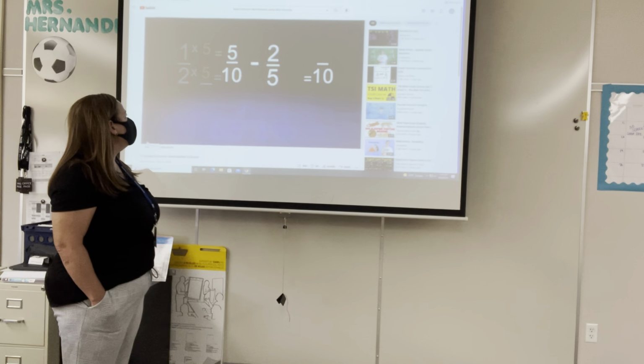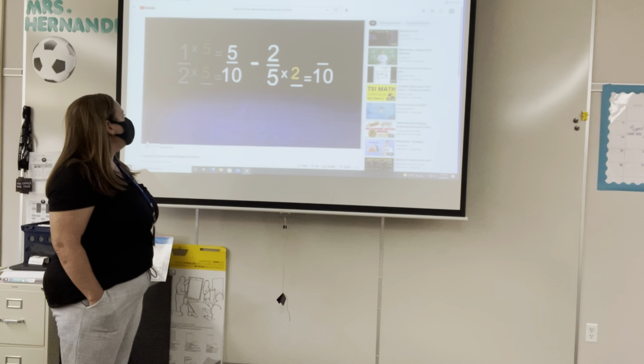Now change 2/5 into a fraction with the new LCD. 5 times what equals 10? 2. 5 times 2 equals 10. Multiply the numerator and the denominator by 2 to get 4 tenths. Now because both denominators are equal, we can subtract. 5 tenths minus 4 tenths equals 1 tenth.